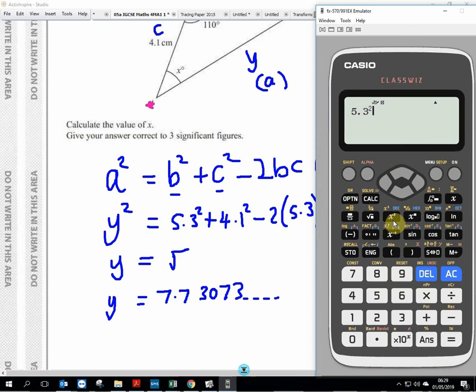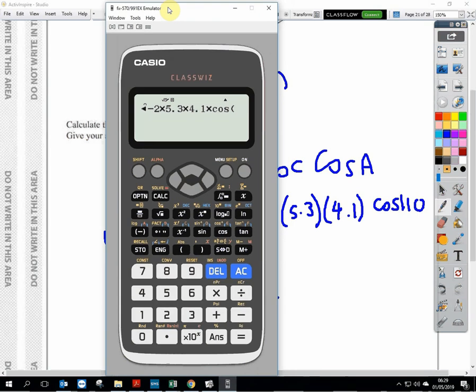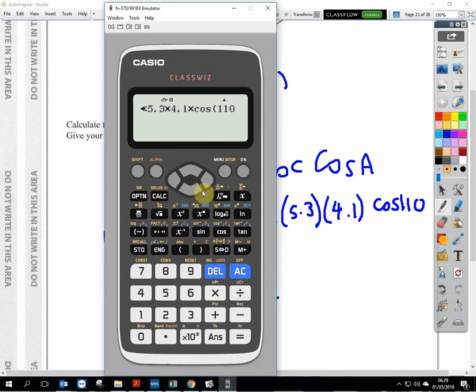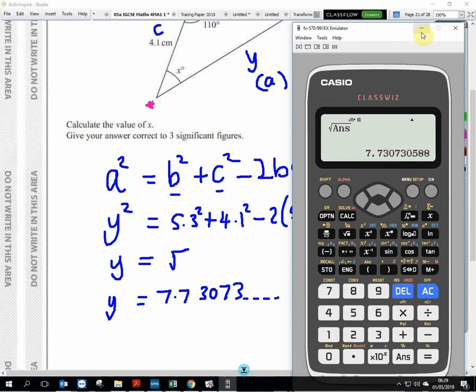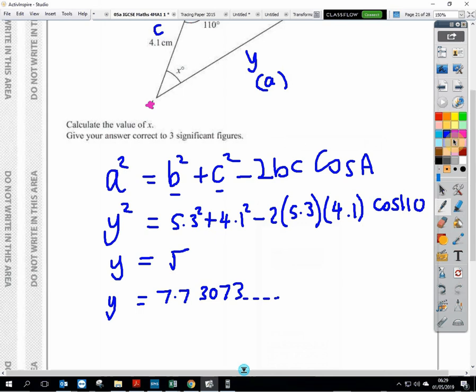It's got 5.3 squared plus 4.1 squared minus 2 times 5.3 times 4.1 times cos 110. Okay, this is y squared, so square root it. Right, I'll leave this on the screen as I'll probably need it in a moment.